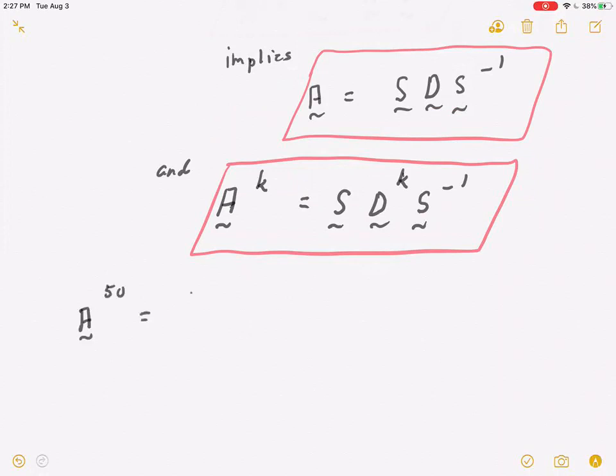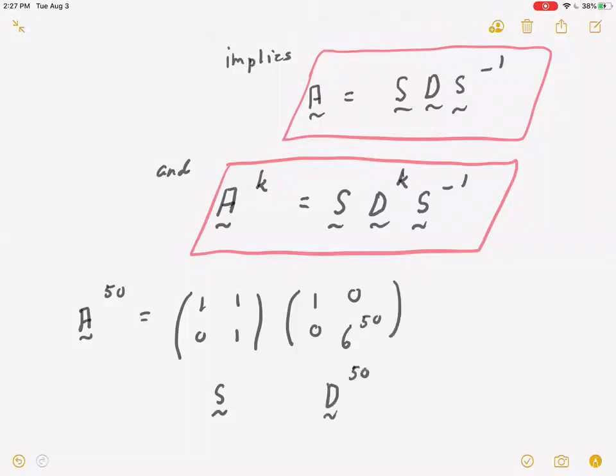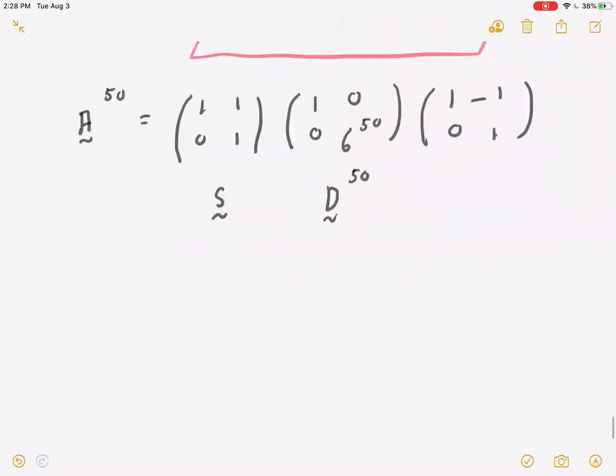It is simply the matrix S times the diagonal matrix raised to the 50th power, and that's just simply this, times the inverse of S. And so we just need to multiply this out, and I leave that to you to do. And A raised to the 50th power is simply going to be this 2x2 matrix.